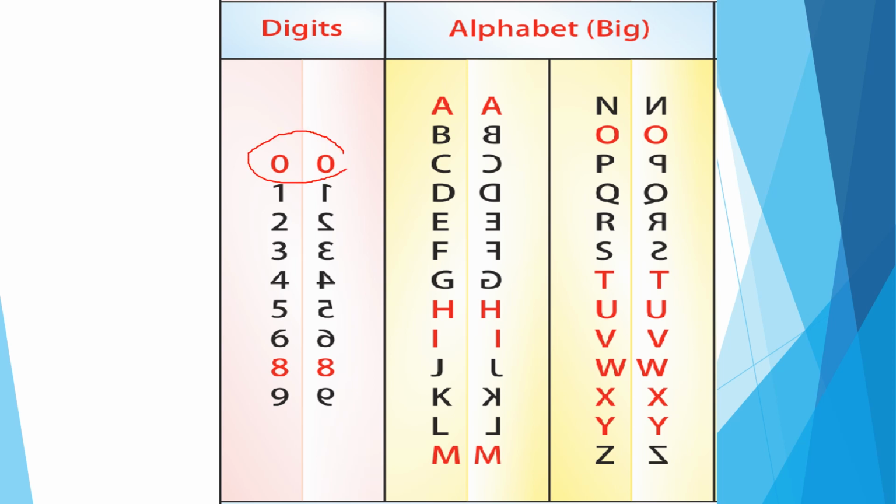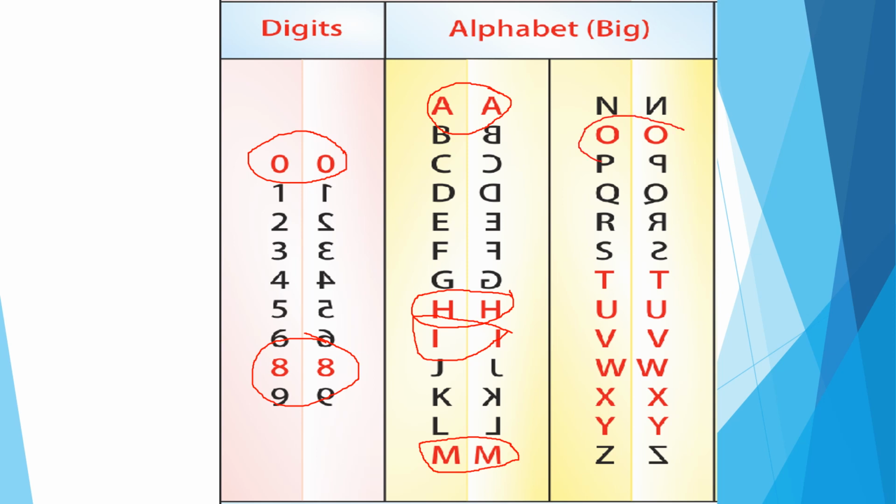See 0, 8, A. These red color numbers and letters are identical to their mirror image. For example, the mirror image of 0 is 0, the mirror image of A is A. Means no change in the mirror image of this letter or this number. There is no change at all.